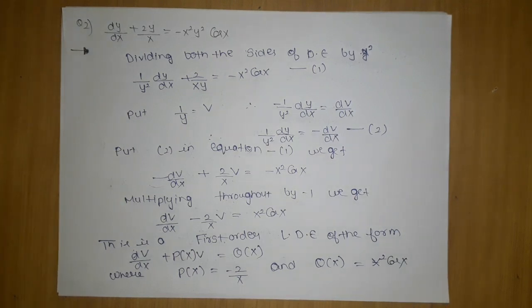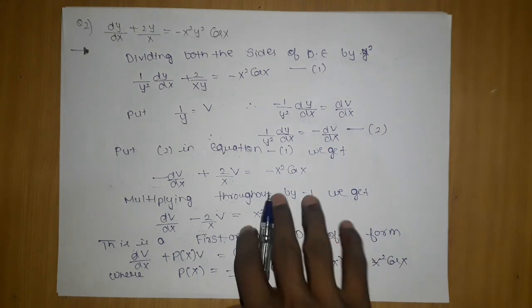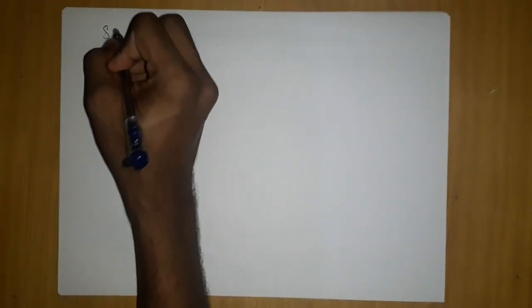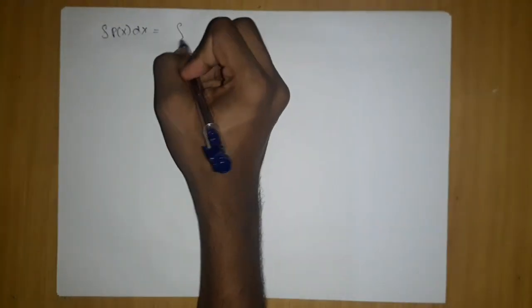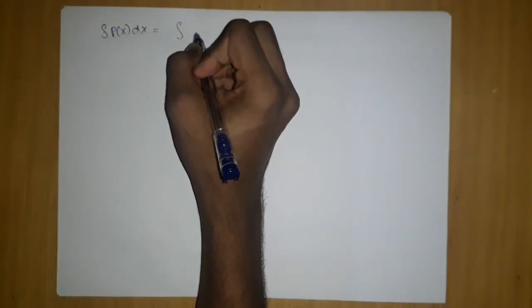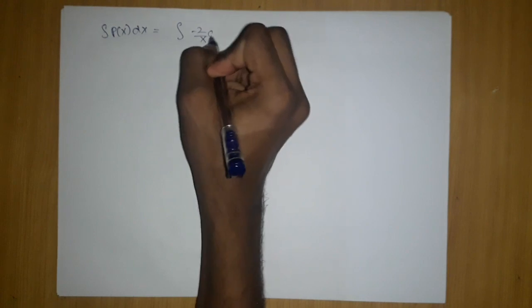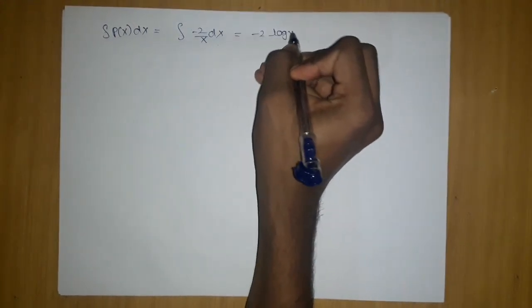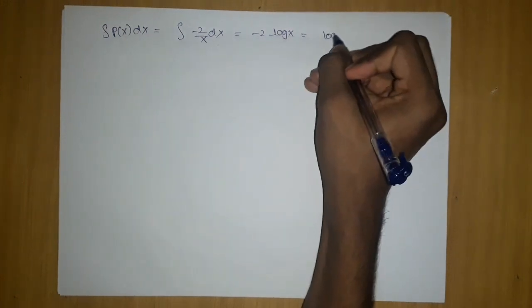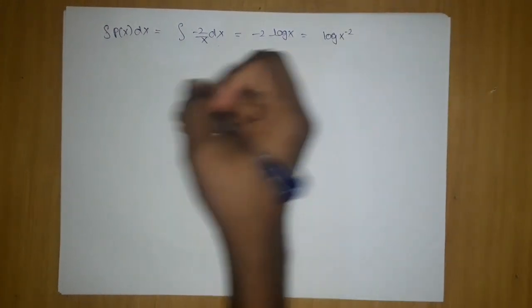After this, you need to get integration p of x dx because it will come as an ingredient in your integrating factor. So let's try to get that. Integration p of x dx is nothing but integration minus 2 by x dx, which is minus 2 log x, which is nothing but log x to the power minus 2.